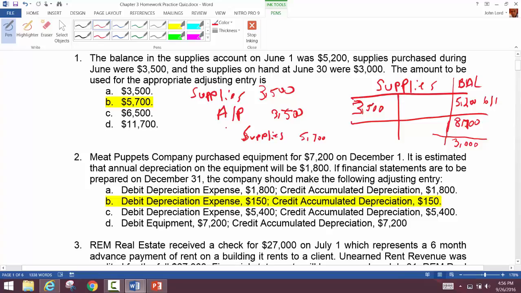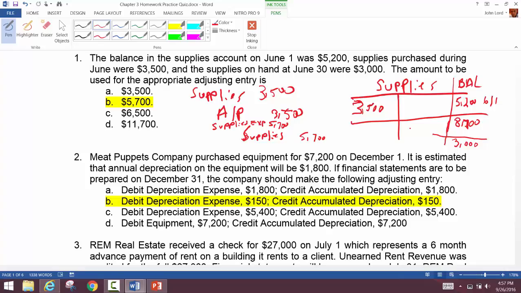And I have to debit something. I debit supplies expense for 5,700 because those supplies have what? Have expired. Those supplies are gone, aren't they? I want to increase an expense account. I debit supplies expense, 5,700.